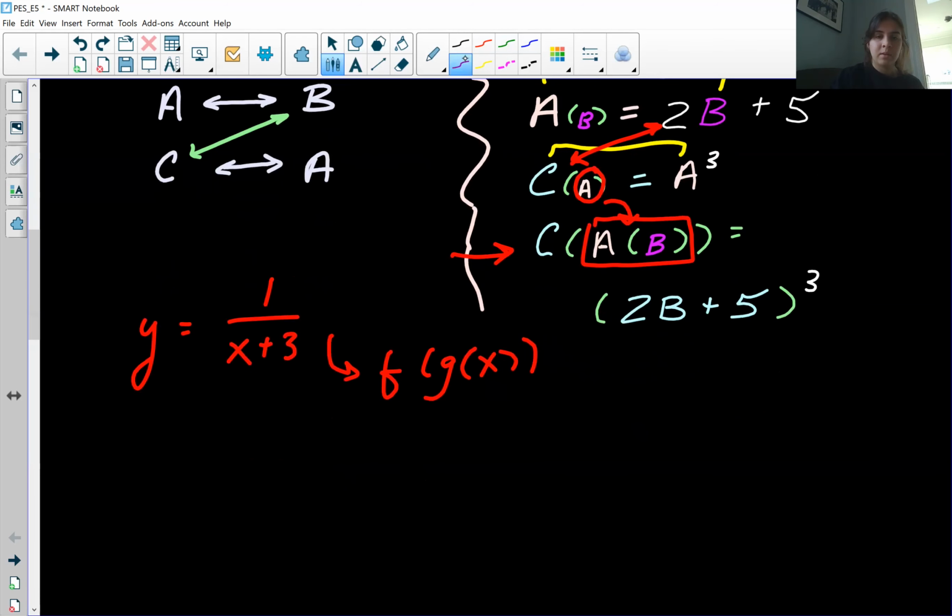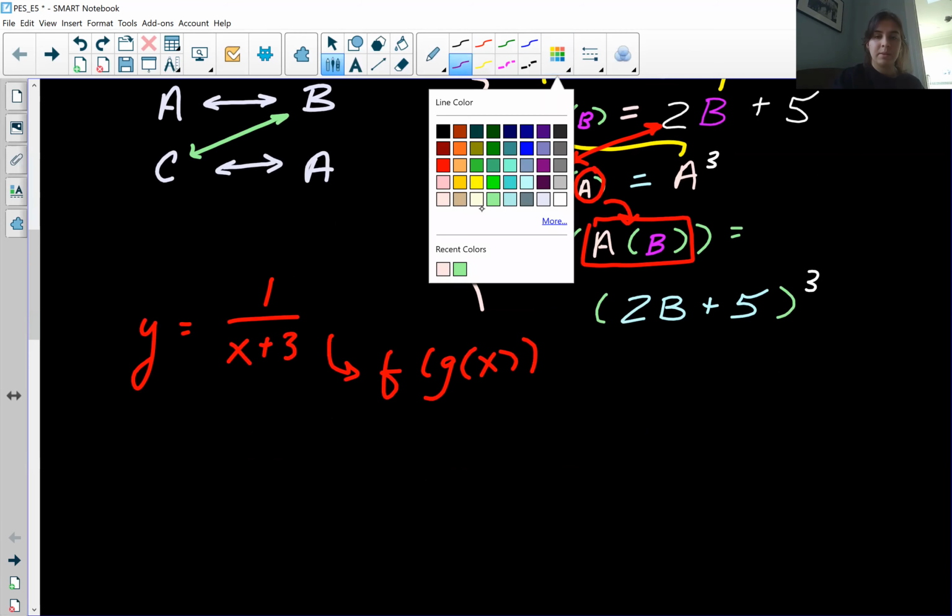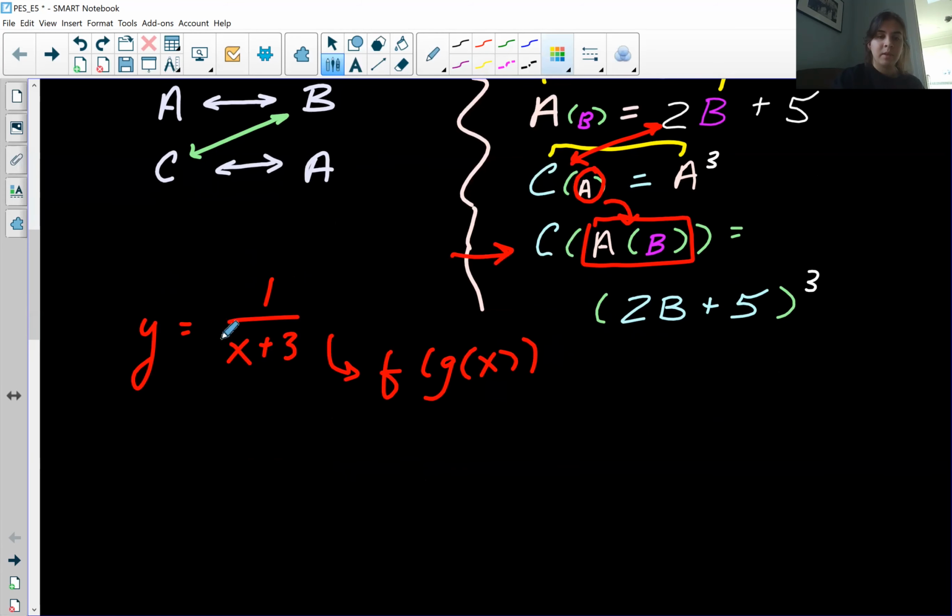Basically, whatever's in parentheses is going to be your inside function. So in this case, we might put x plus 3 in parentheses. That's going to be our g of x. That's x plus 3.